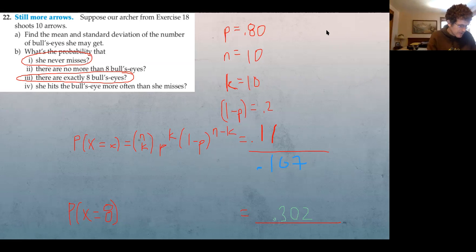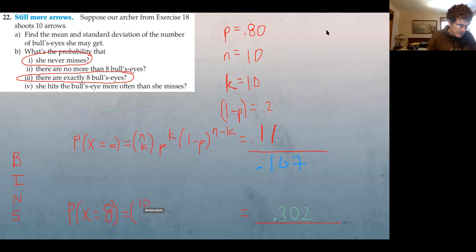It is binary. She either makes the bullseye or she doesn't. It's independent. We're going to assume each arrow shot is independent of the other. We have a set number of trials, 10 arrows, and we have the same probability each time, 0.8. So we want to find the probability of getting exactly 8.